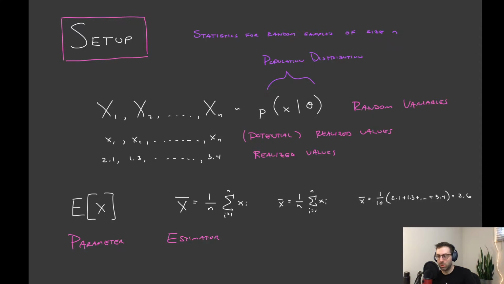An estimator is just a fancy word for a statistic. And a statistic is a function of the sample data. And when we view the sample data as random variables, x1 through xn, this is then a function of those random variables. So this also is a random variable.